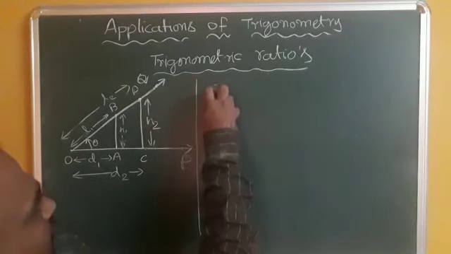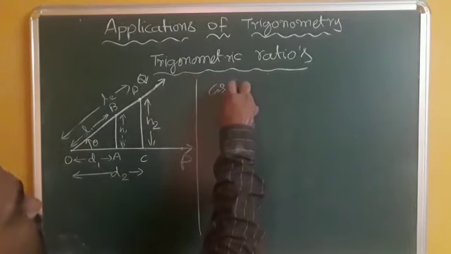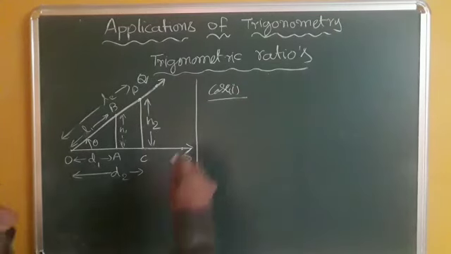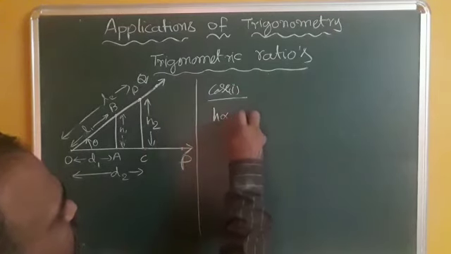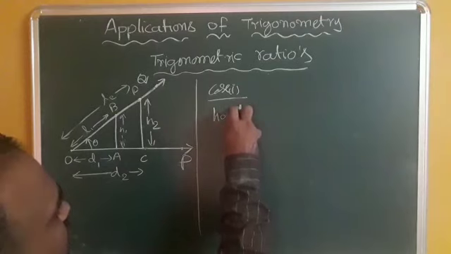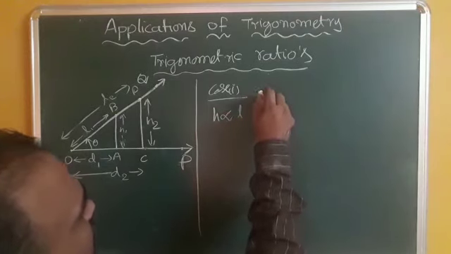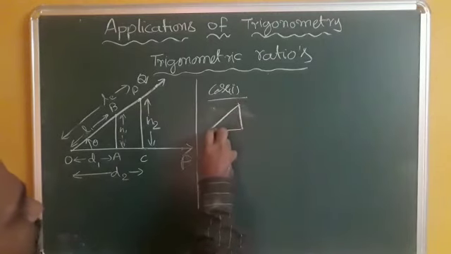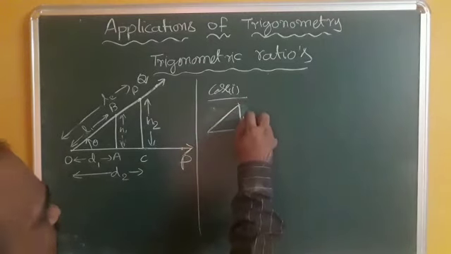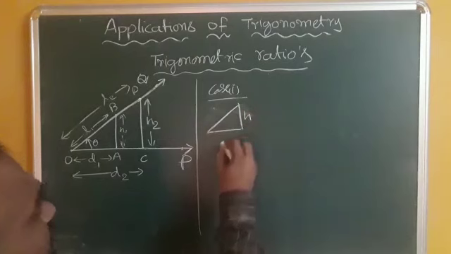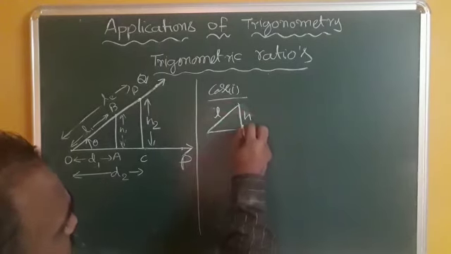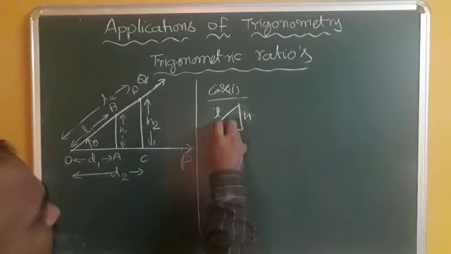Case 1: H is proportional to L. I will take a right angle triangle with H and L, and the angle theta.